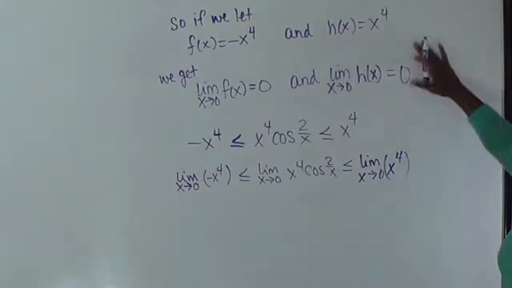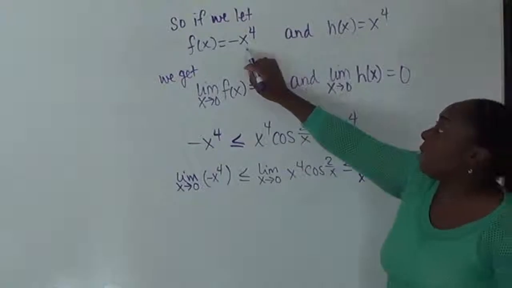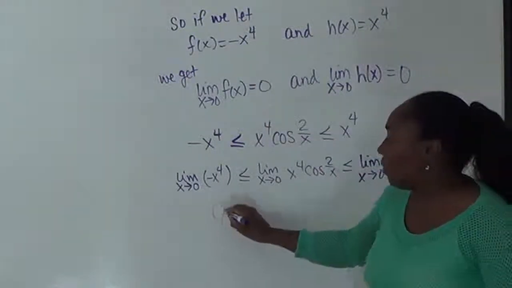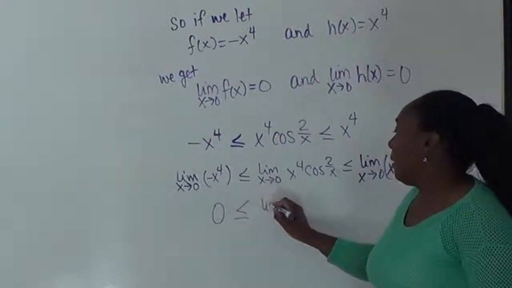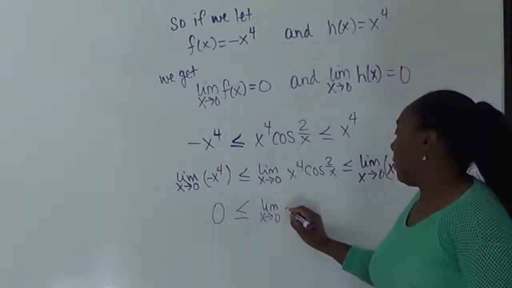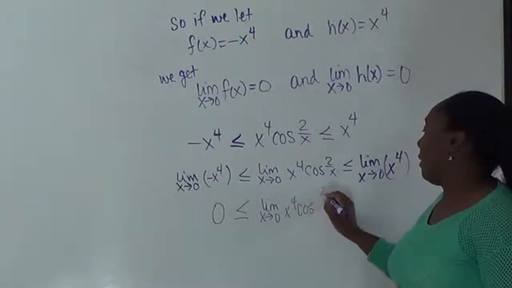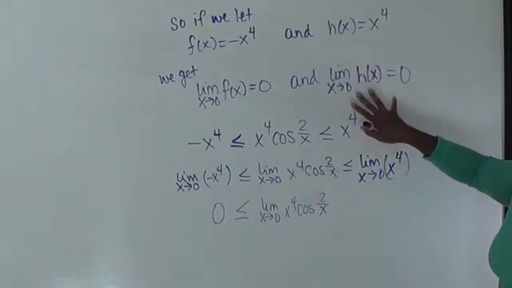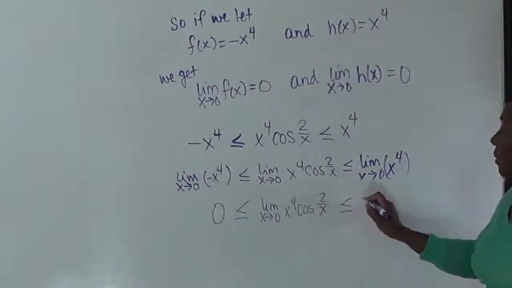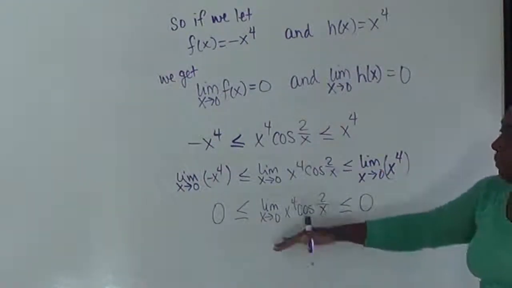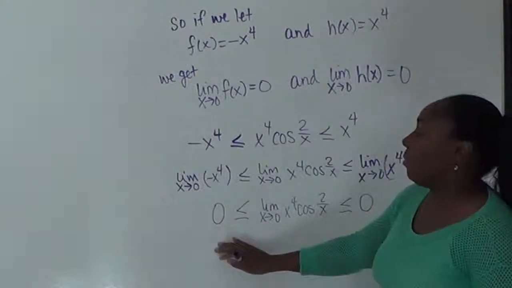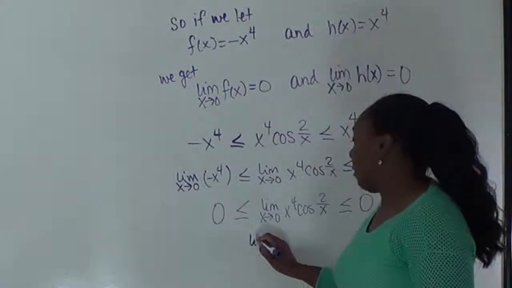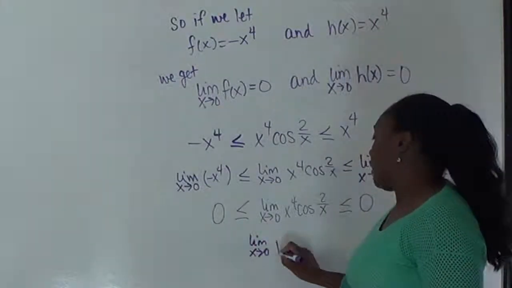And now from what we've said here, if f of x is negative x to the fourth, the limit of that is 0. And if we look at h of x being x to the fourth, the limit of that is 0. So we have a limit that is greater than or equal to 0 and less than or equal to 0, which means that our limit here has to be 0.